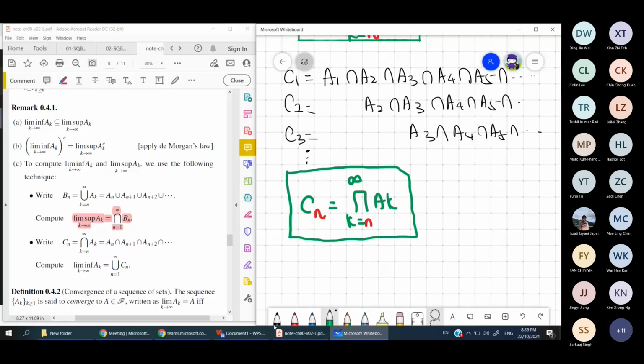Okay, so this is this C. Once we have computed this C, then we can calculate the limit infimum of AK. So that is, we are just taking the union of all the Cn, n running from 1 to infinity.